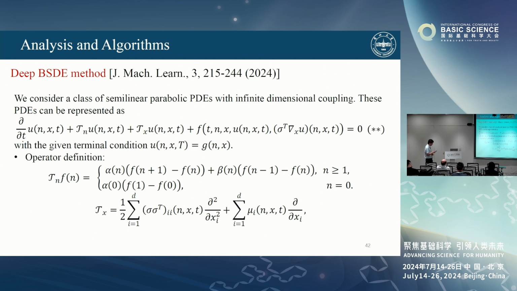In this case, the operator is an infinite dimensional discrete operator and also a diffusion operator. Because this is infinite dimensional, if you use a classical method to solve it, you have to consider how to make a truncation. But the natural idea is to use deep learning to solve it.